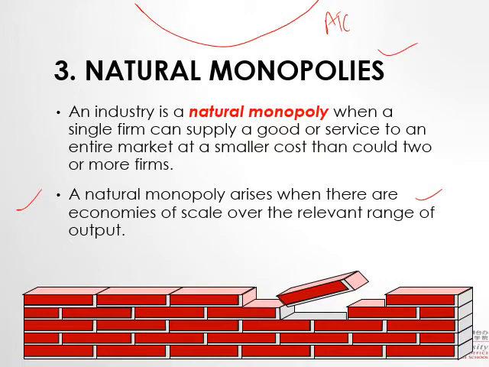So all the companies in the industry, which is composed of thousands of firms, are producing, for example, 1,000 million products here. And your company can produce 1,000 million products as well, but your company's average total cost is here, right?